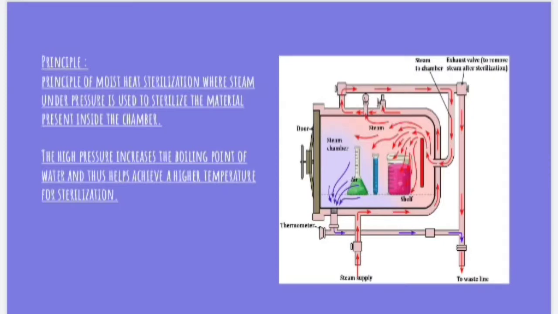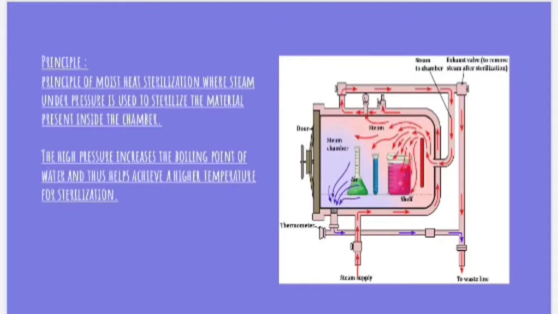The autoclave works on the principle of moist heat sterilization, where steam under pressure is used to sterilize the material present inside the chamber. The high pressure increases the boiling point of water and thus helps achieve a higher temperature for sterilization. Water usually boils at 100° centigrade temperature under normal atmospheric pressure.